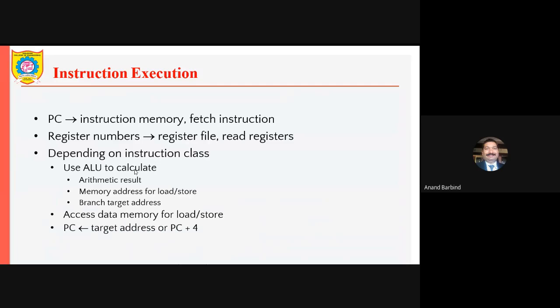That particular address is contained by this register, PC. So PC contains the address of the next instruction to be fetched from the instruction memory. That address is given to the instruction memory, and the instruction is fetched.